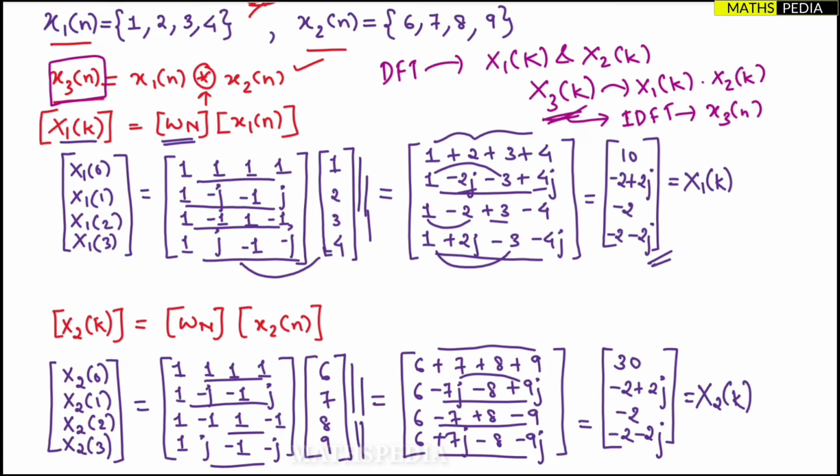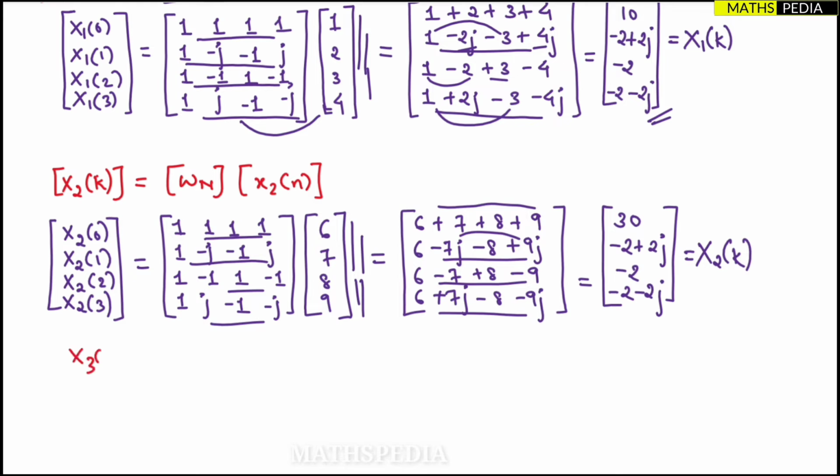Okay, so first we'll go for x3 of k. So x3 of k will be the multiplication of x1 of k and x2 of k. Remember one thing, we are not doing matrix multiplication here. I'll show you how to multiply this one. Okay, so we have x1 of k as 10, minus 2 plus 2j, then minus 2, then minus 2 minus 2j, right?